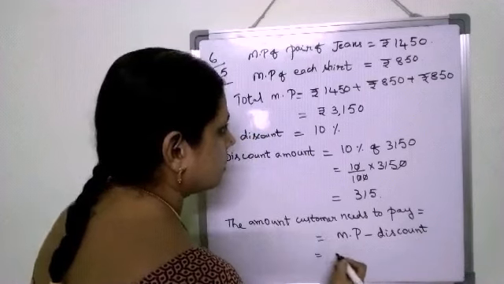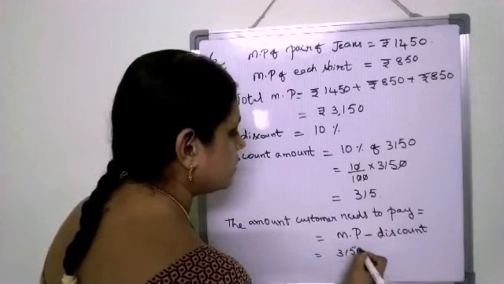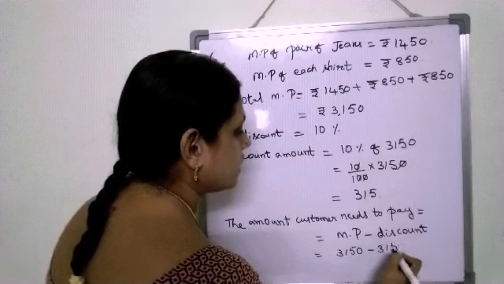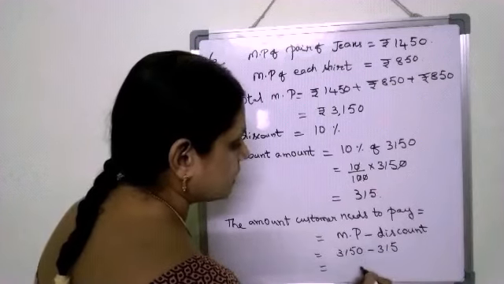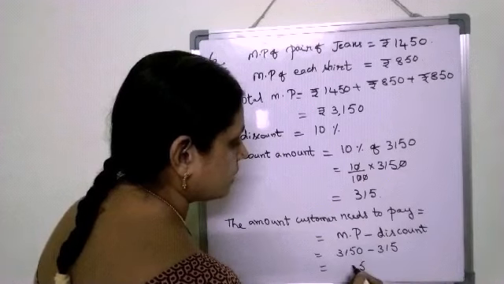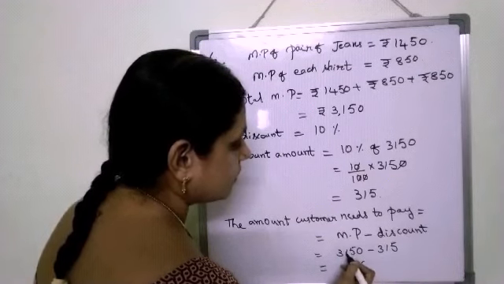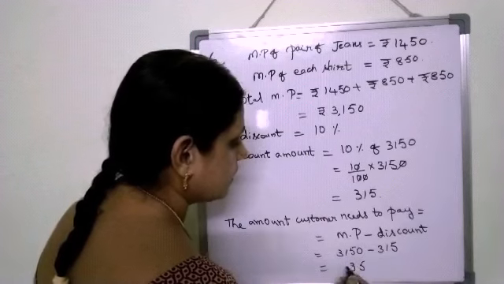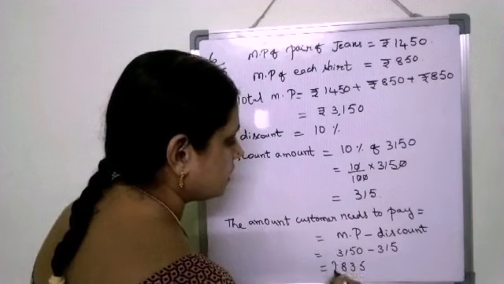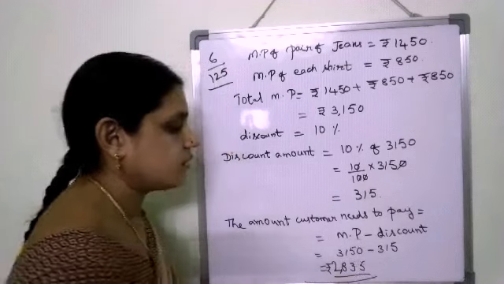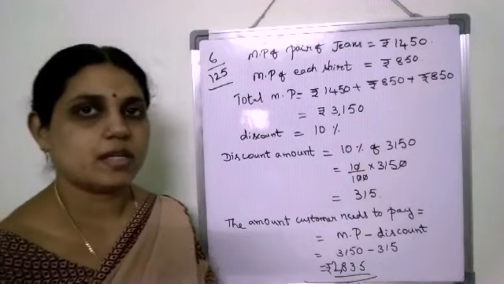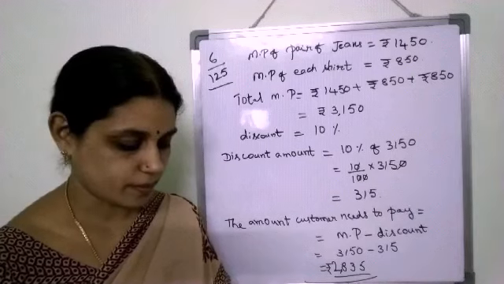So now 3150 rupees minus 315 rupees. If you subtract, 10 minus 5, 5; 4 minus 1, 3; here 1; 11 minus 3, 8; here 2. 2835 rupees the customer needs to pay to the shopkeeper.